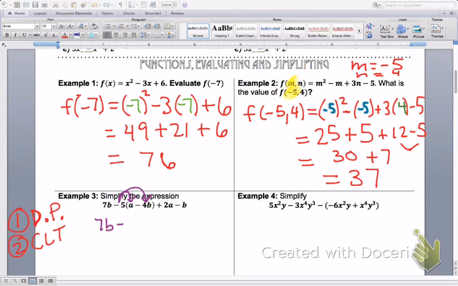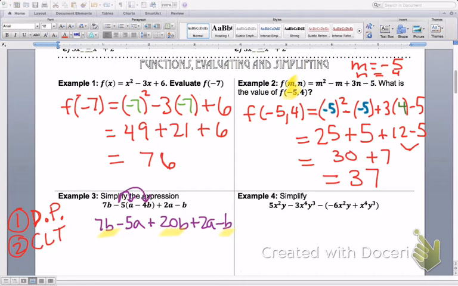So 7b minus 5 times a is 5a. -5 times -4, this is where you need to be careful. It's going to be a 20, but it's positive, not negative, b. Drop the 2a and drop the -b. Then we just collect like terms or combine like terms. In this case, the b will combine with the b's, and then the a's will go with the a's.